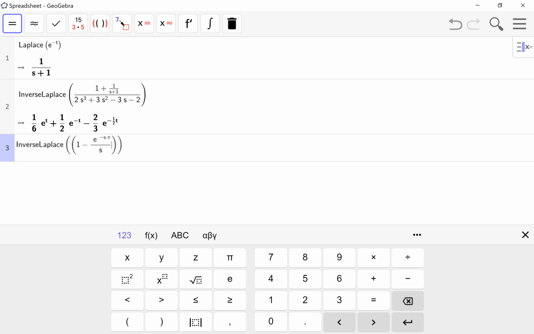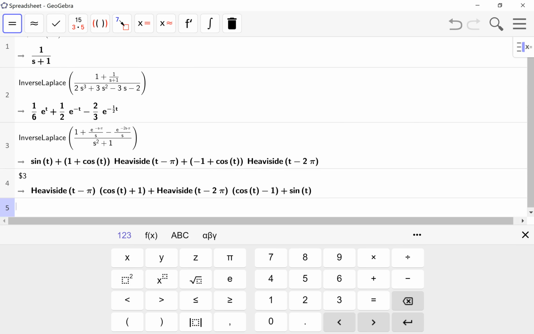Divided by s. That was a plus in front, wasn't it? Change it back over to a plus. And then minus e to the negative 2s times pi again, divided by s, and then we need the whole thing divided by s squared plus 1. There it goes.